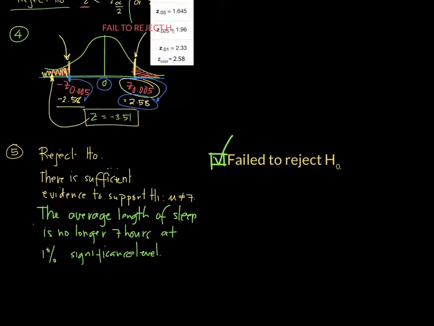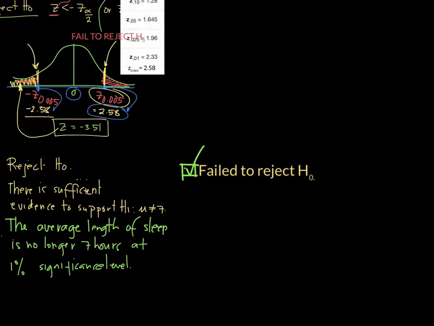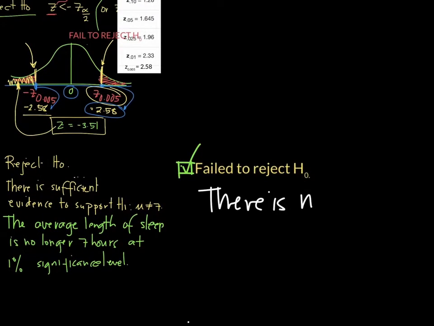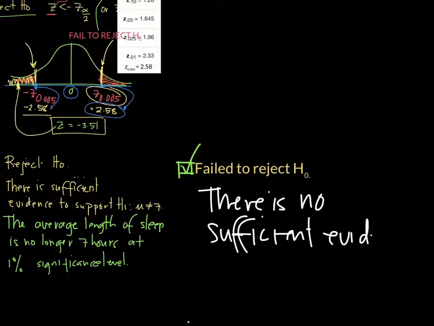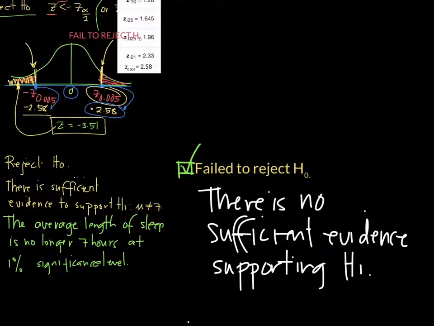So you just say there is no sufficient evidence supporting H1. That means the average sleeping hours, the length of sleep of teenagers age 15 to 19 is still 7 hours because there is no sufficient evidence supporting H1.